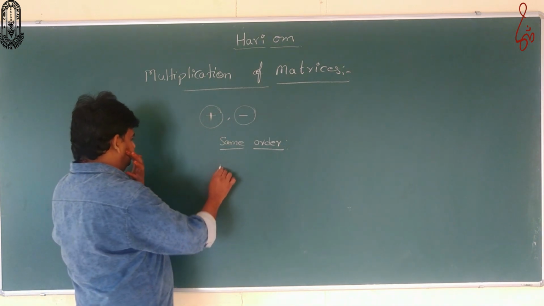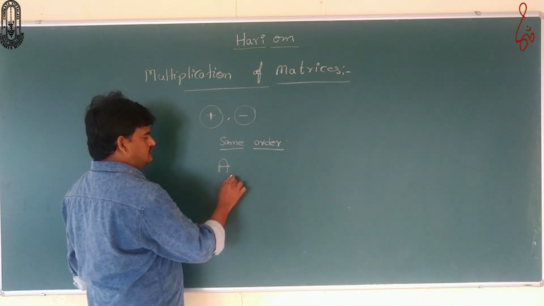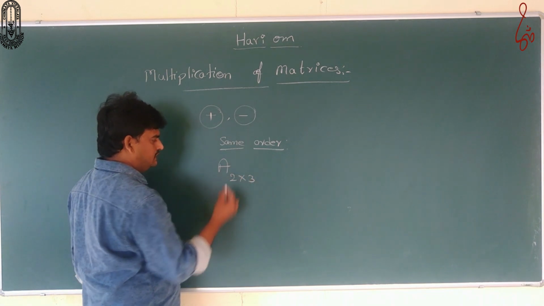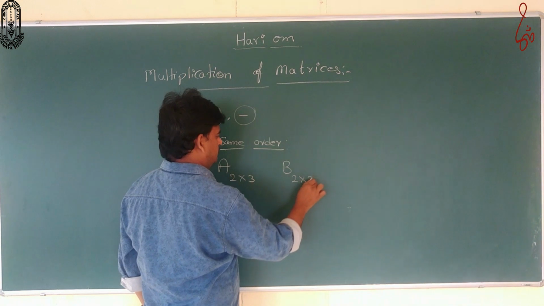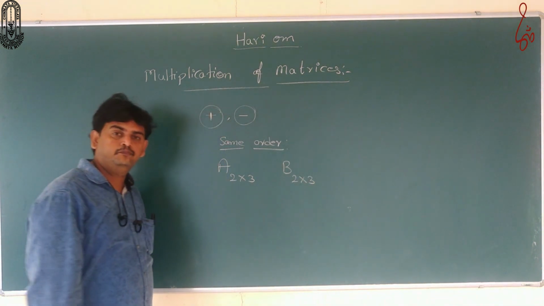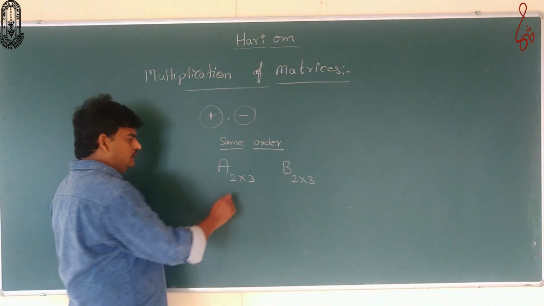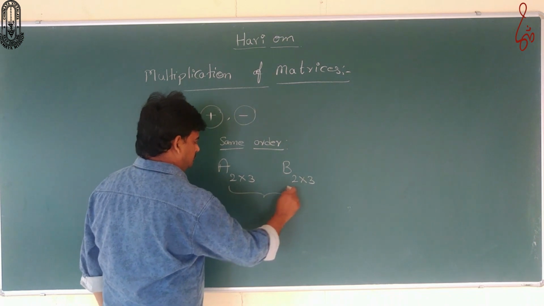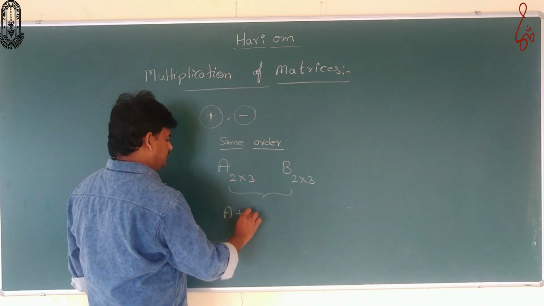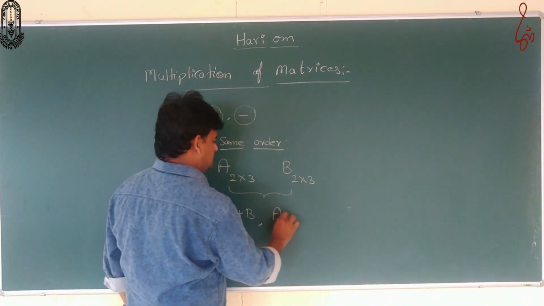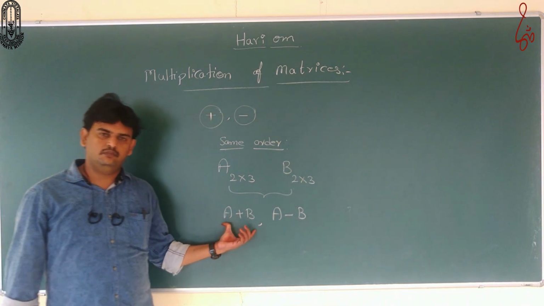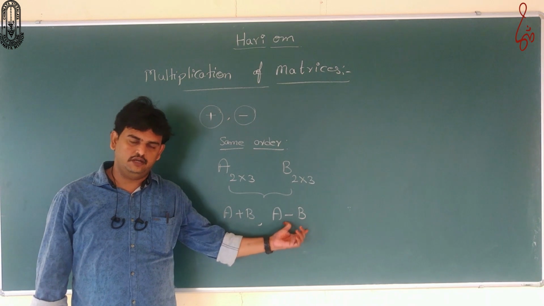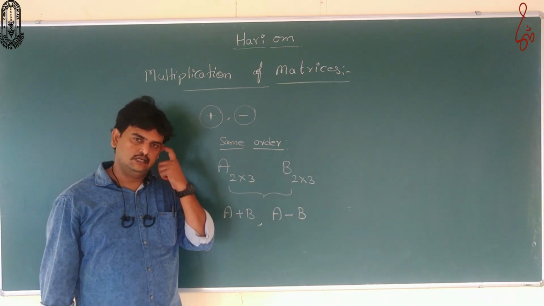For example, when there is a matrix A with the order 2 by 3 and there is another matrix B with the order 2 by 3, we are able to perform the addition as well as the subtraction. We can find the sum of the matrices and we can find the difference of the matrices.